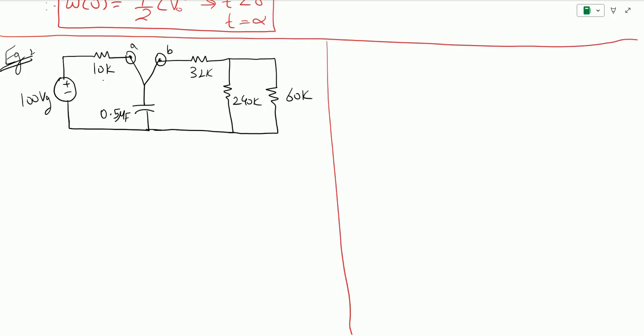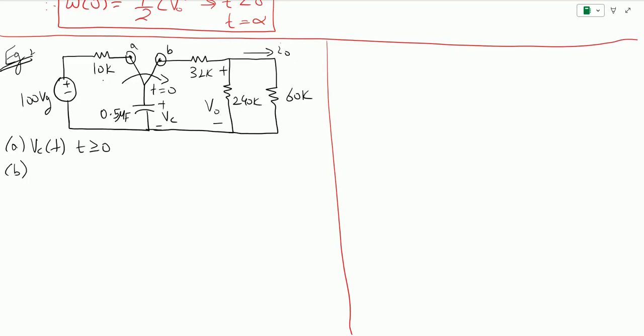What else do we have? We have the flow of current I naught in this direction. The voltage is V naught appearing across this 240K resistor, and the switch is changed from point A to point B when time equals 0. The voltage appearing across the capacitor is v of C. Now we need to find four unknowns. The first is the capacitor voltage when time is greater than 0.